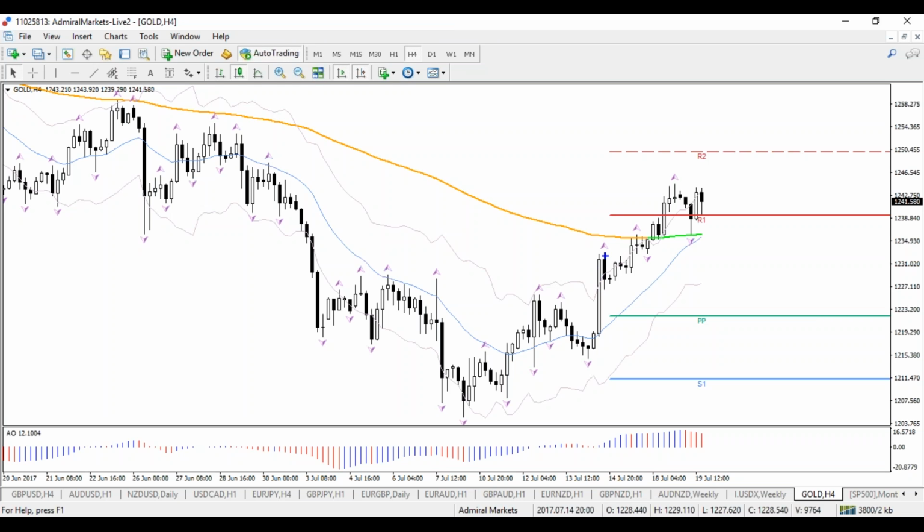The breakout candle should have a close near the high for upside or a close near the low for downside, looking for strength as price makes a breakout.